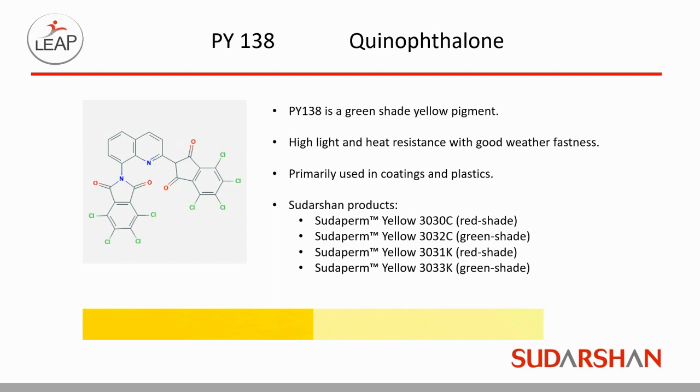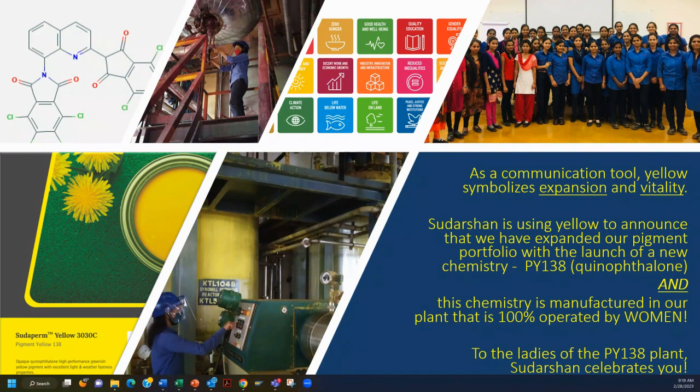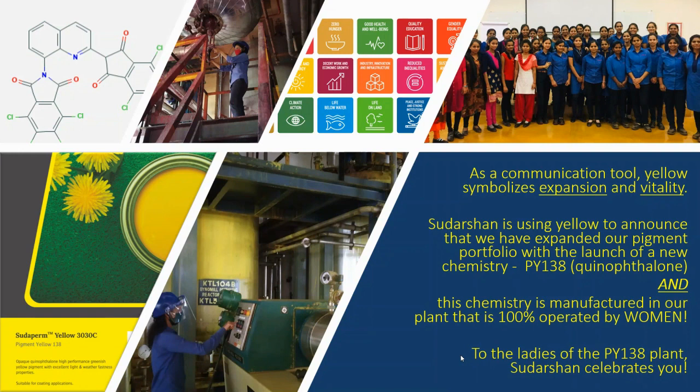So one of the other things that we are extremely proud of is when we designed and went forward with our pigment yellow 138 plant, it was designed so that the entire plant would be operated and managed 100% by women.